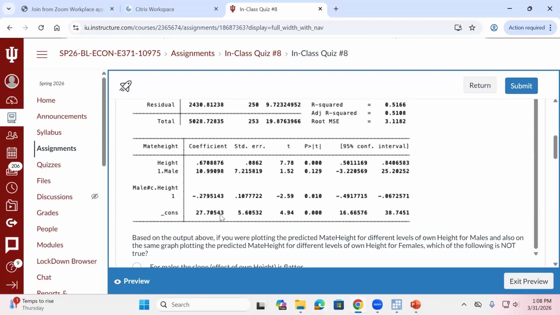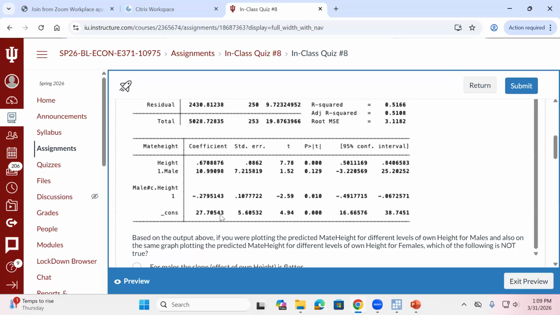Now, what about the other group? If I've got males, if their height is 0, where would their predicted mate's height start out? The intercept. But now I would add in the coefficient associated with being male. So their starting point is going to be beta 0 plus beta 1, where beta 1 is the coefficient on male.